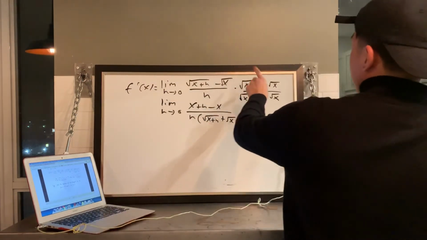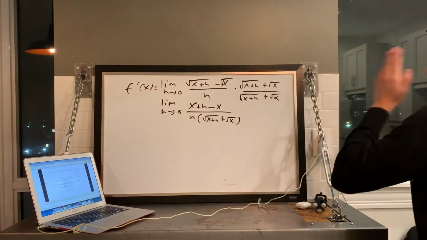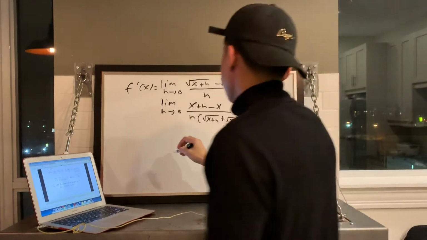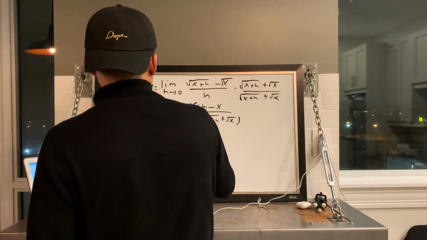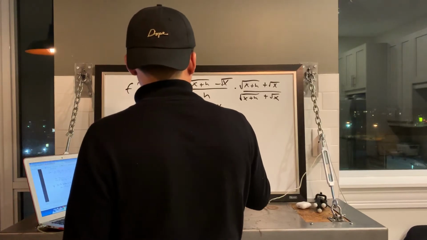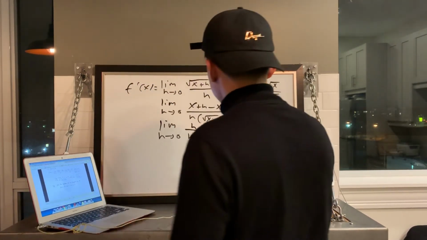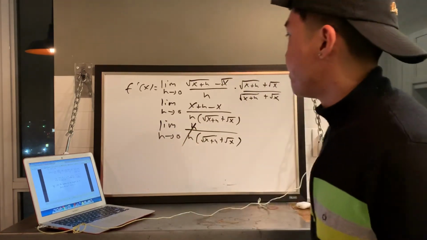Because these would go and get x plus h, this would cancel with the negative version, that'd be negative x. These two x's would cancel, so you get the limit as h approaches 0 of h over h times root x plus h plus root x. These h's cancel as well.